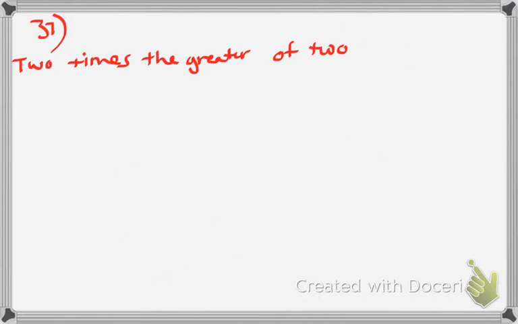Okay, number 37. I'm really going to need to write this out. 2 times the greater of 2 integers is, now let's just translate that part.